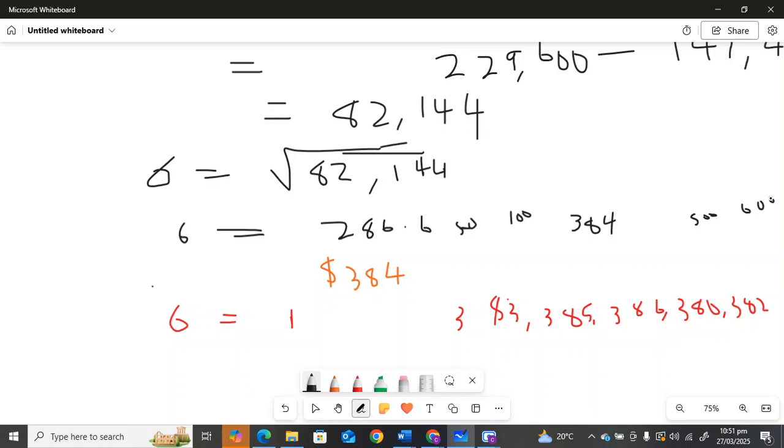So with a higher standard deviation, the profits can fluctuate. They can be higher or they can be lower. So it means more risk.